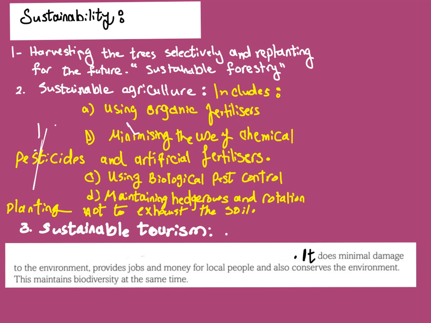This includes using organic fertilizers, minimizing the use of chemical pesticides and artificial fertilizers, using biological pest control, maintaining hedgerows, and rotation planting, not to exhaust the soil. While sustainable tourism minimizes damage to the environment, provides jobs and money for the local people, and also conserves the environment. This also helps to maintain biodiversity at the same time.